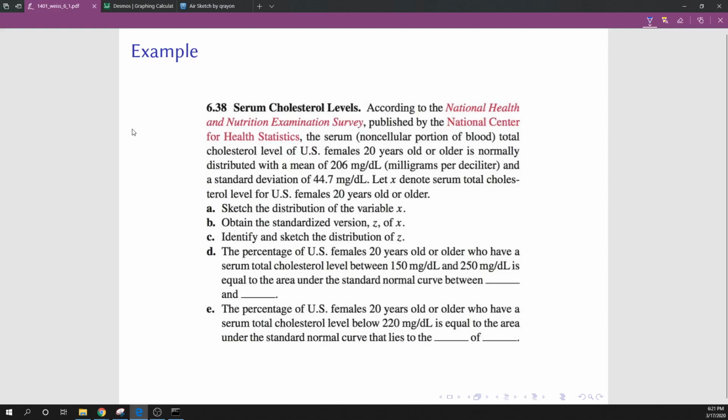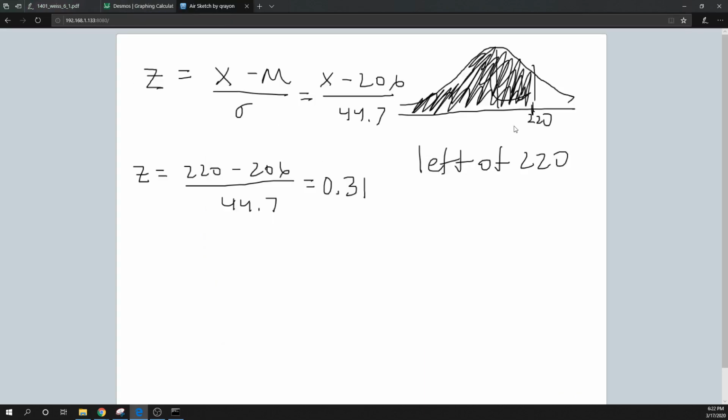So 220 minus 206 all over 44.7. On the original curve, it's the area to the left of 220. On the standard normal curve, it would wind up being to the left of 0.31, because that's the z-score of 220.